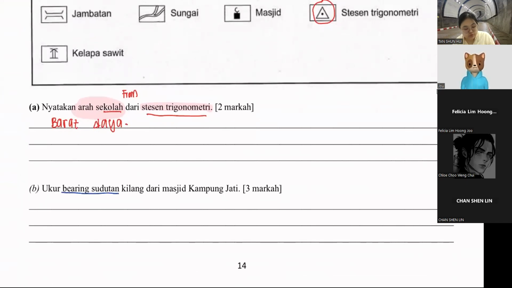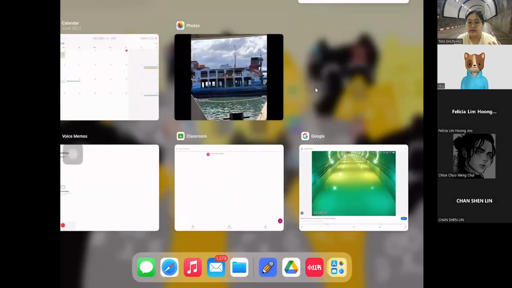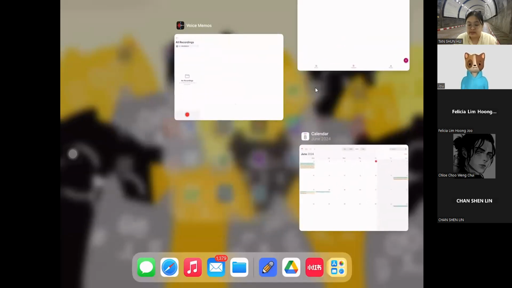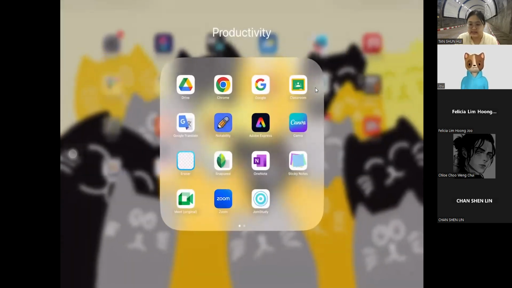Ukur bearing sudutan kilang dari masjid. Now, bearing sudutan is also a way to determine directions, but it depends on what? Bearing sudutan means I determine the direction by using numbers, instead of telling you I'm at utara, timur, barat, selatan.